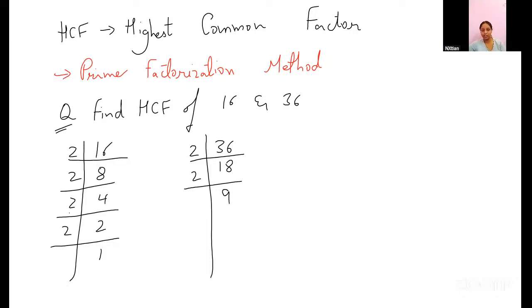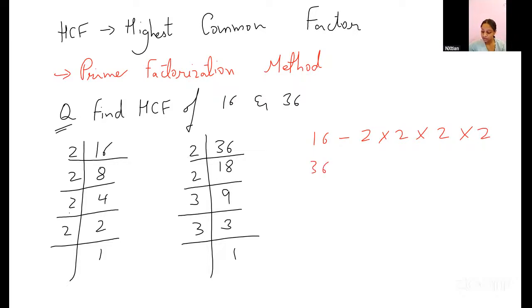Now 9 does not come in the table of 2, but in the table of 3. So 3 3s are 9 and 3 1s are 3. So the factors of 16 are 2 into 2 into 2 into 2. The factors of 36 are 2 into 2 into 3 into 3.